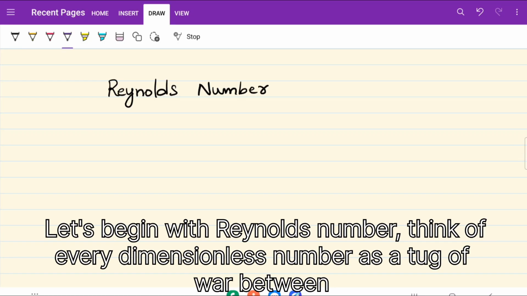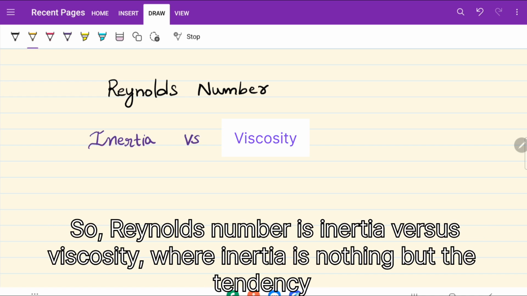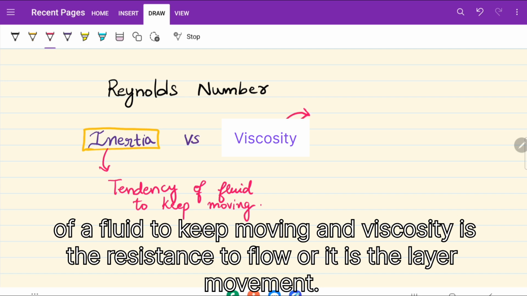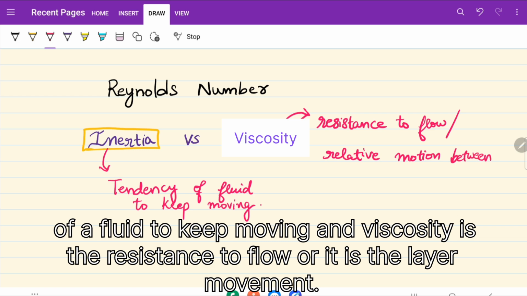Think of every dimensionless number as a tug of war between two different physical effects. Okay, so Reynolds number is inertia versus viscosity, where inertia is nothing but the tendency of a fluid to keep moving, and viscosity is the resistance to flow, or it is the layer movement.